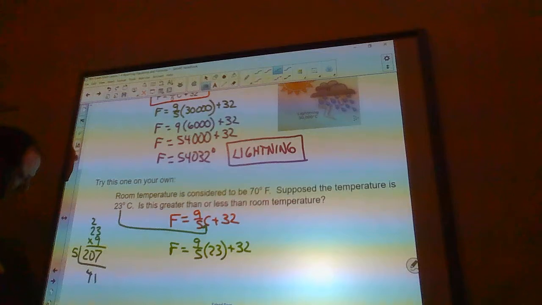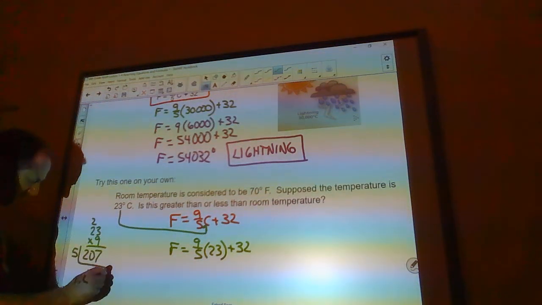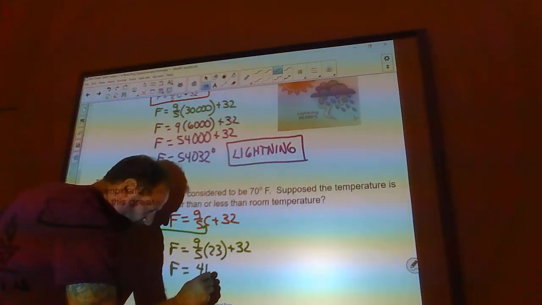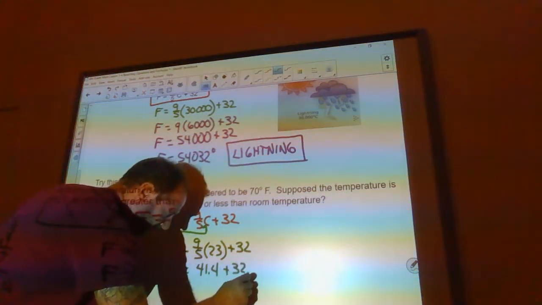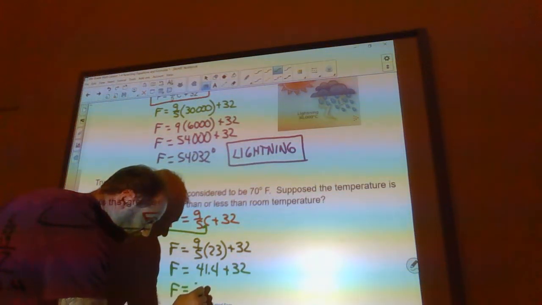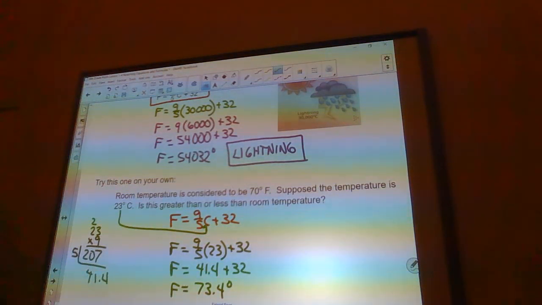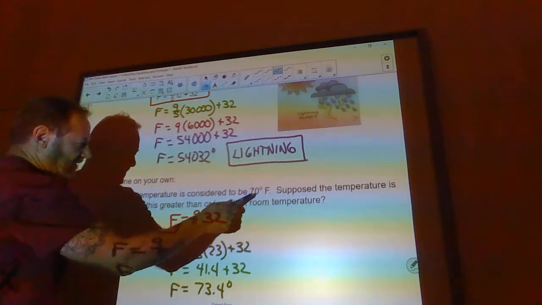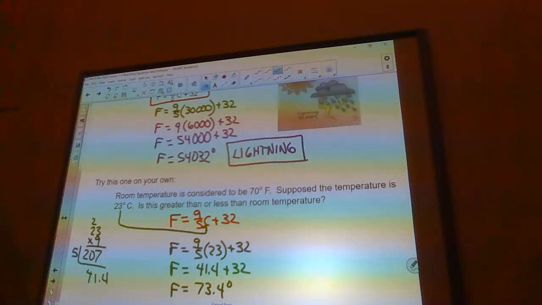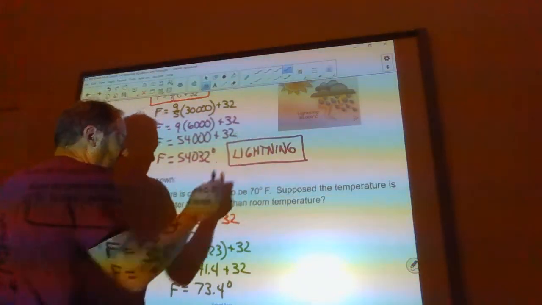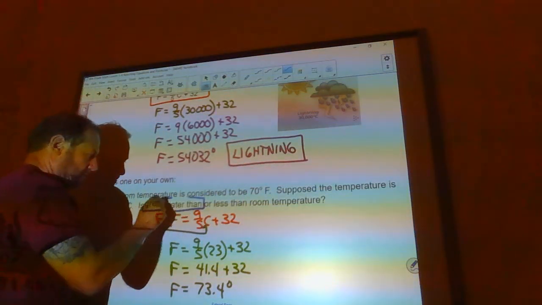And that leaves 2 left over. So that's 41.4. So F is going to be 41.4 plus 32. So F is 73.4 degrees. Okay, so 23 degrees Celsius is just a little bit more than 70 degrees Fahrenheit. So, yeah, the temperature is a little greater than room temperature.